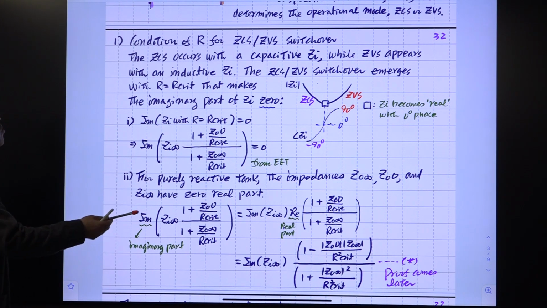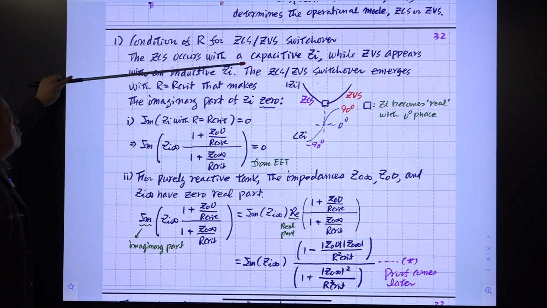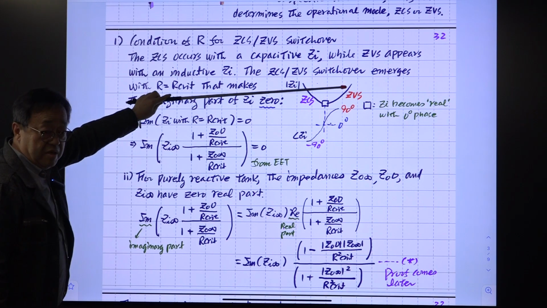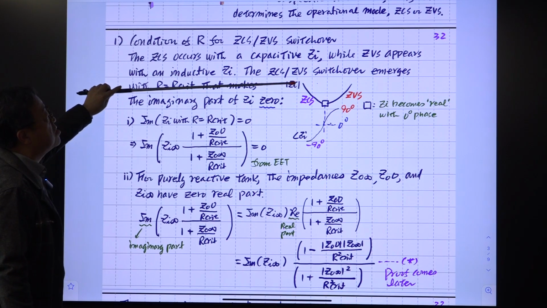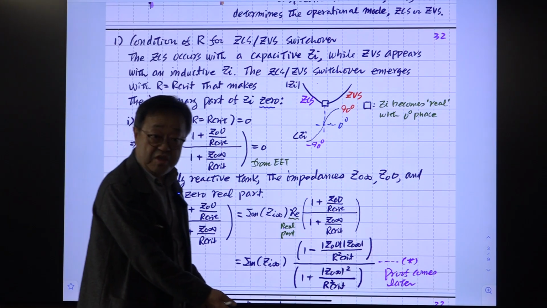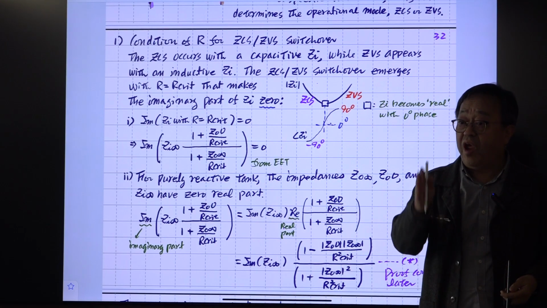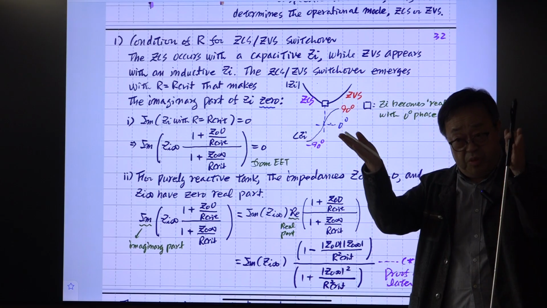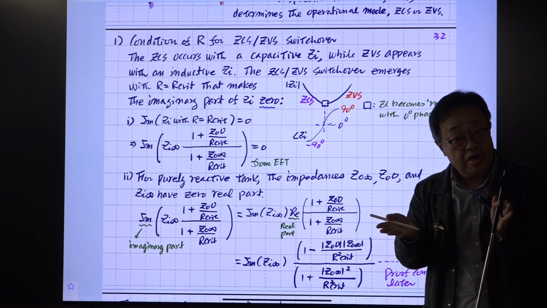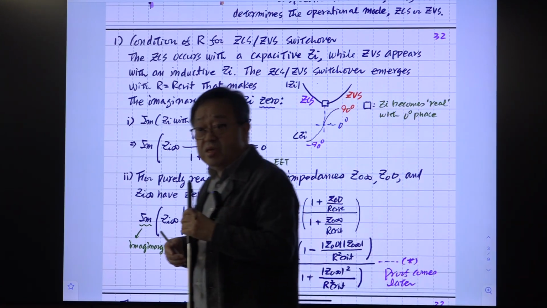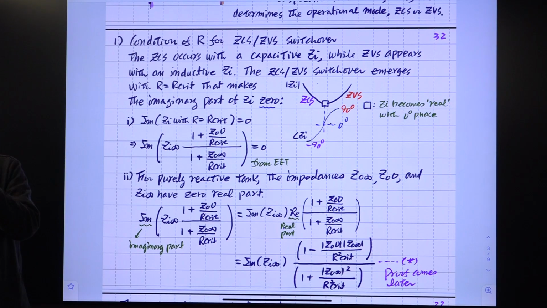So switchover. The GCS occurs with capacitive GI, and the GBS occurs with inductive GI. Then when will the switchover occur? Switchover occurs when the phase of input impedance is 0. In another way, the switchover occurs when the imaginary part of GI becomes 0.